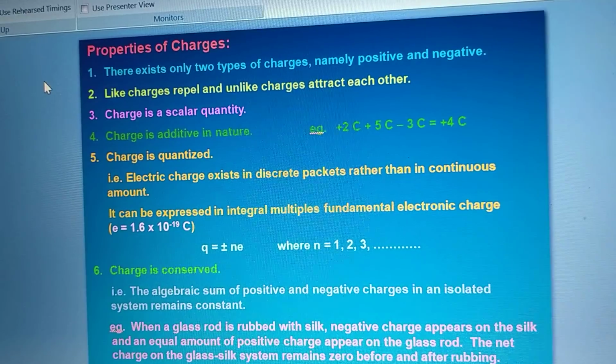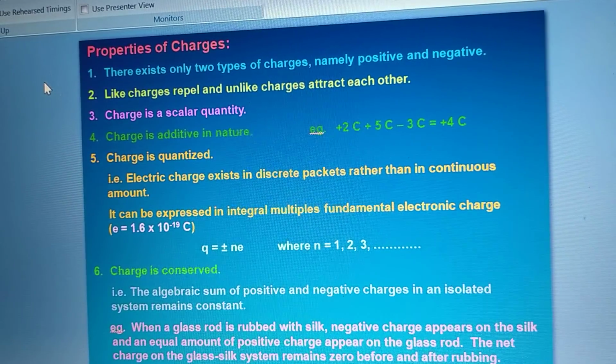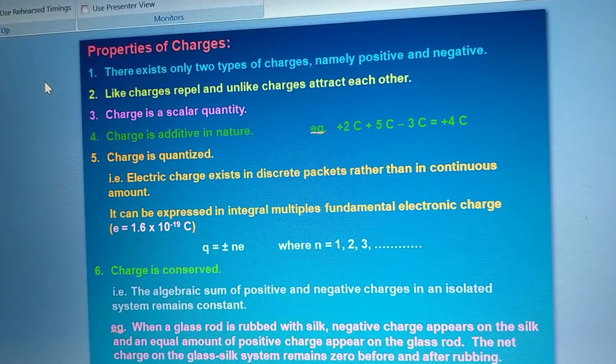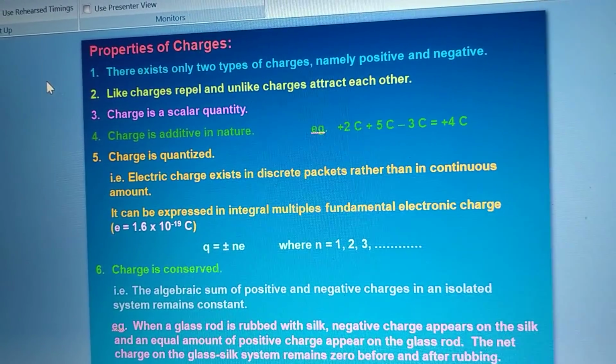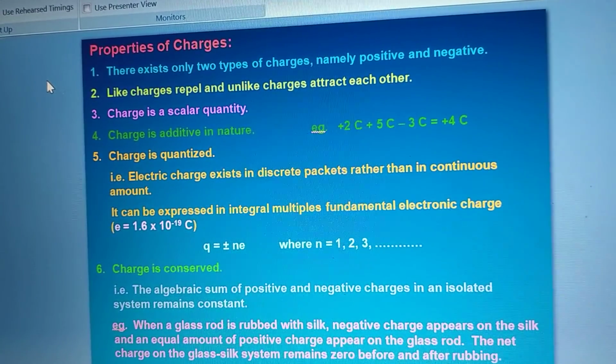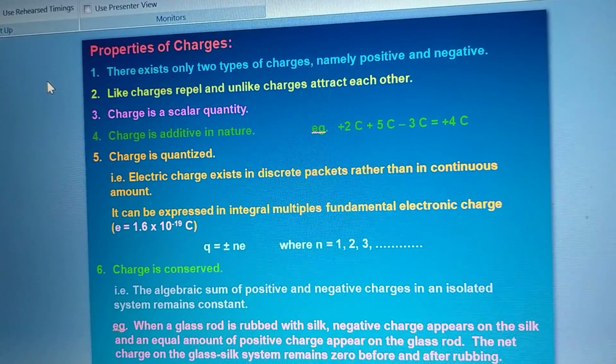And the fourth one is additivity of charge. This is another important property. What does additivity of charge mean? Suppose you have a charged body and charge is distributed over the body, let's suppose Q1, Q2, Q3 like this.